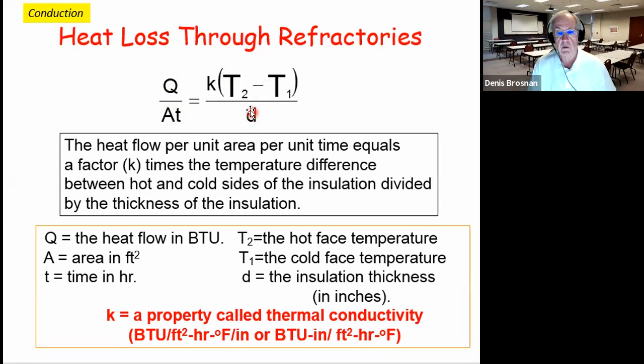So that's pretty easy to understand. BTUs per square foot per hour is equal to the thermal conductivity times the temperature change, in this case in degrees Fahrenheit, from hot face to cold face over the thickness. Pretty easy for thermal conductivity.